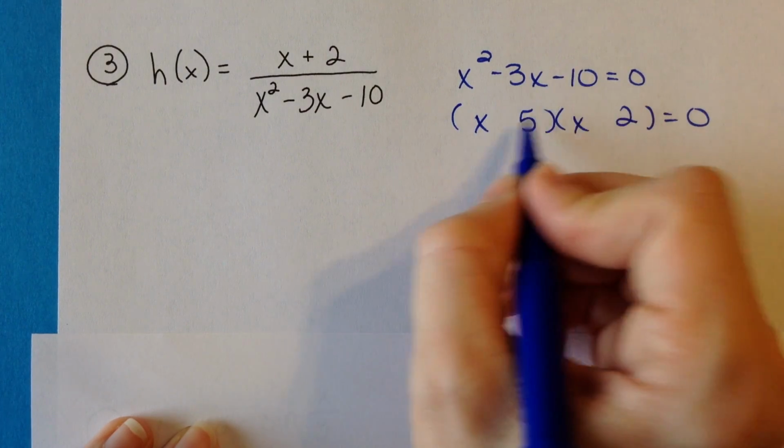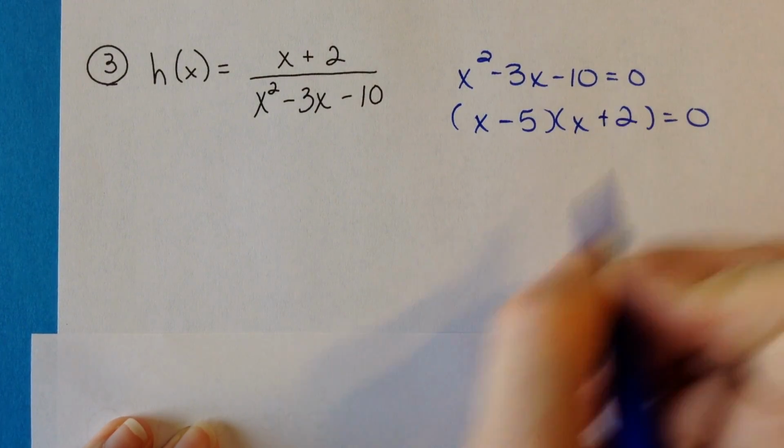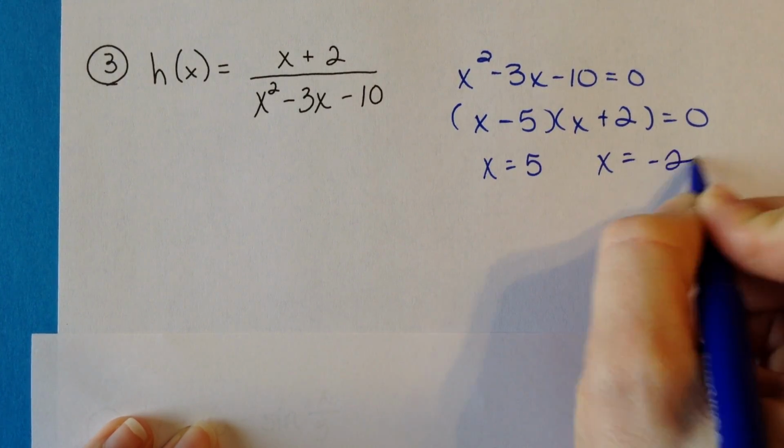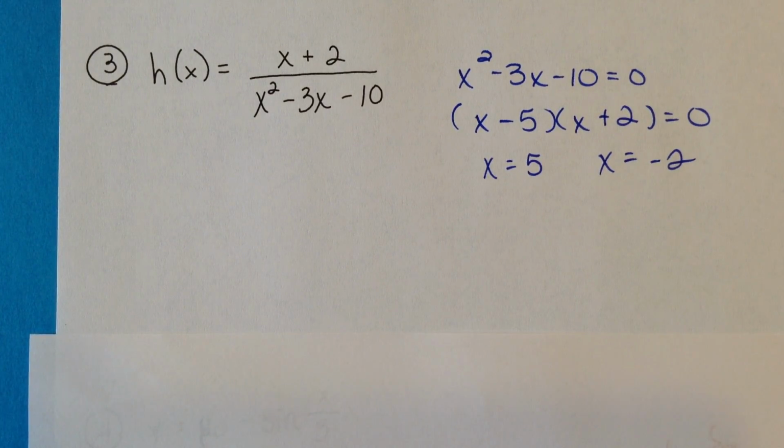Now to get the -3, I'm going to have a minus 5 plus 2. So I get x equal 5 and x equal -2. So I know for sure at those two x values, my graph is not going to be continuous. But I do need to know why, because I have to determine removable or non-removable.